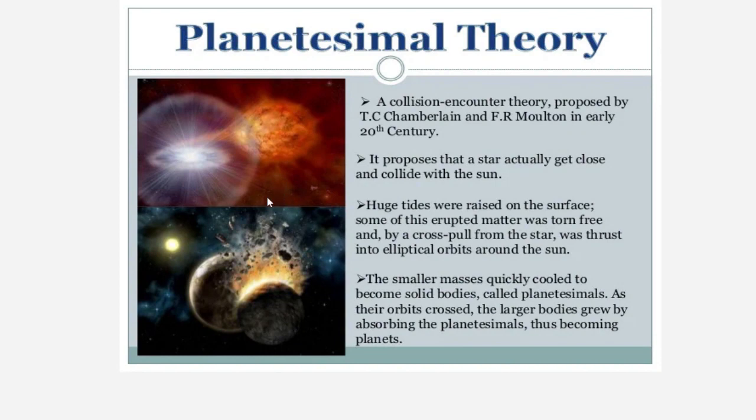Eventually, the planetesimals got large enough to attract bigger bodies that turn into or form into protoplanets and planets. So many collisions between the planetesimals result in breaking up the bodies into smaller and smaller bodies.